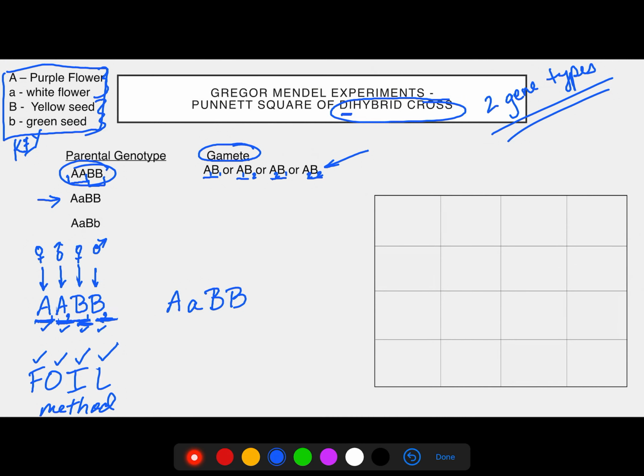So we're going to use the first two genes, capital A, capital B. That will be one of your gametes.